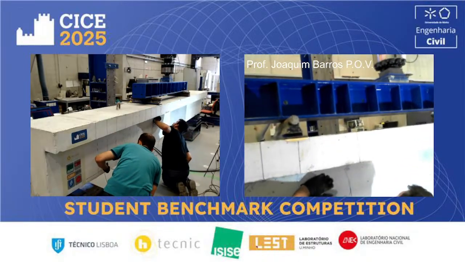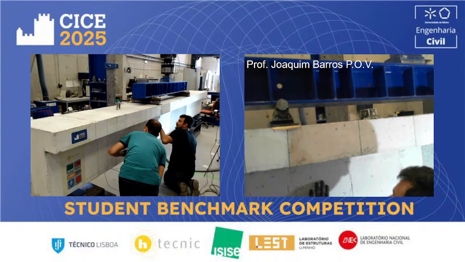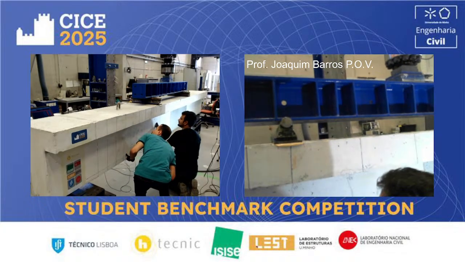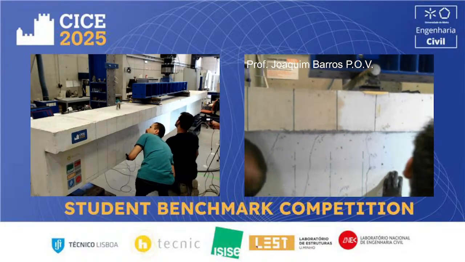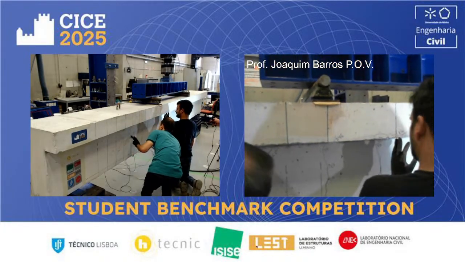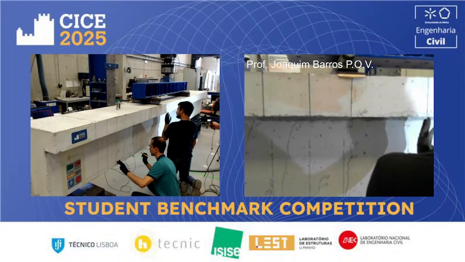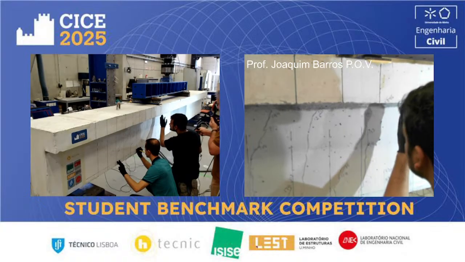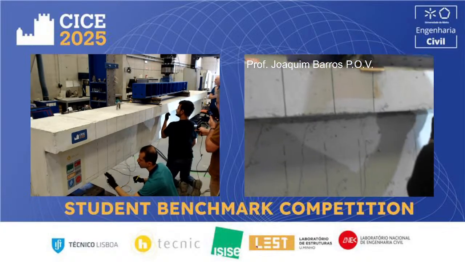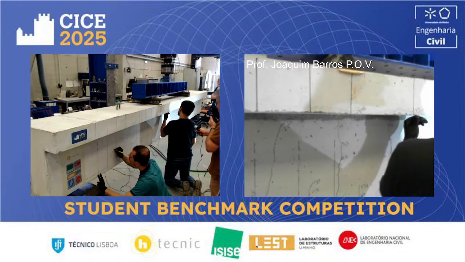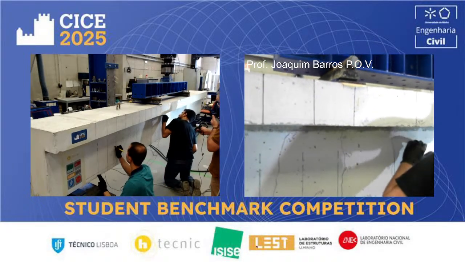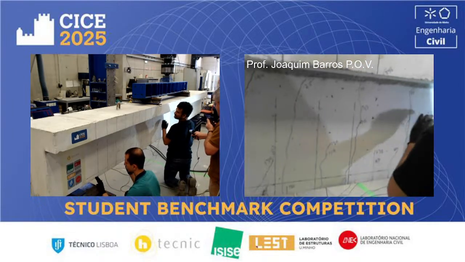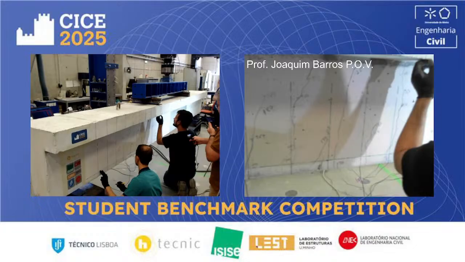The second crack, another flexural crack, is also progressing through the flange now. 265. Remember that in this competition, crack width will be measured at the level of the flexural reinforcement, where we have this horizontal line.